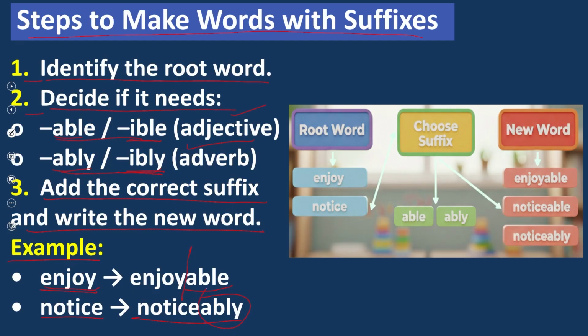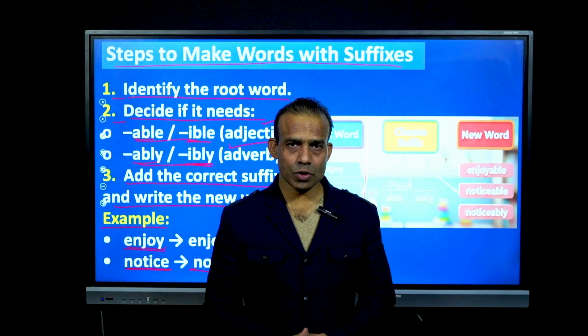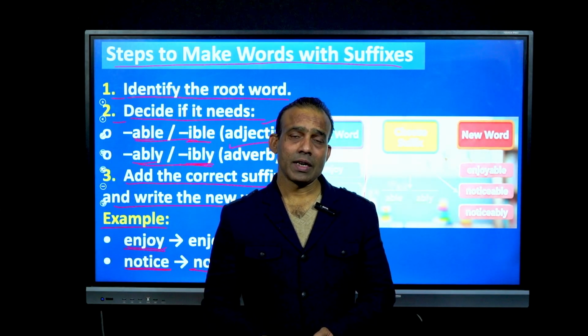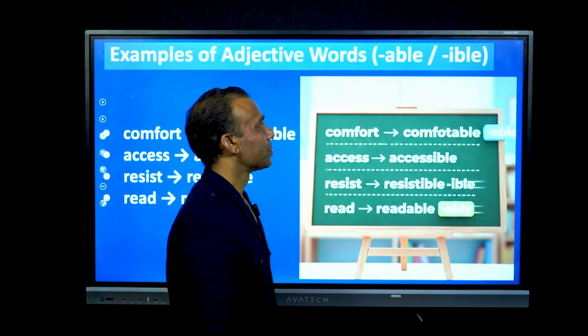Here ably is the perfect suffix to make a sensible meaning by adding the suffix to this root word. This example is also in this picture. So, dear learners, I hope you have clearly understood this topic. Now, move to the next slide.